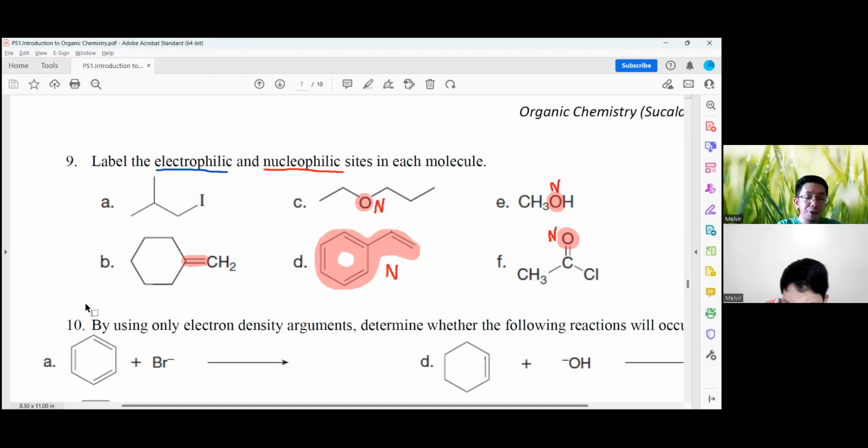Wala ka pa sa letter A. Yan na lang ang wala mo. Medyo mahirap yung ano mo. Sino yung electrophilic dyan? Yung carbon o yung bond?